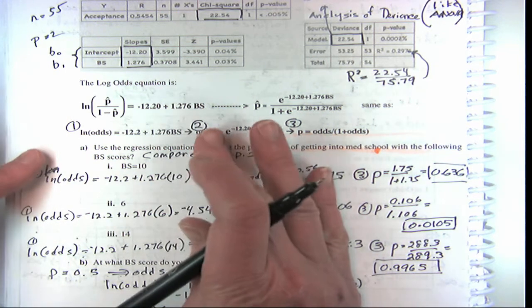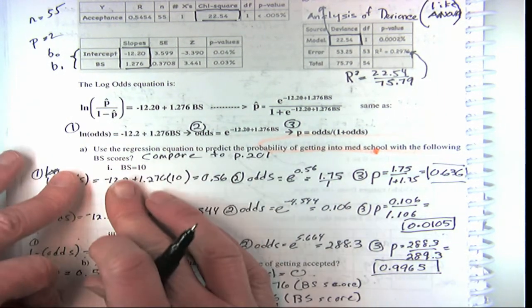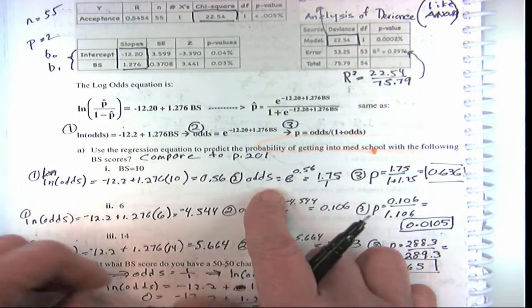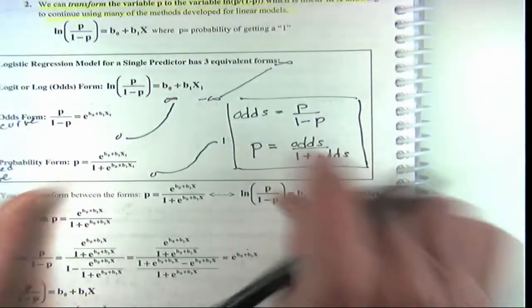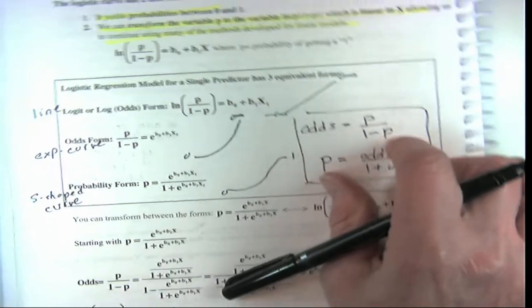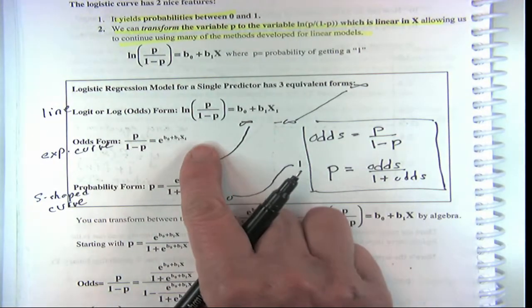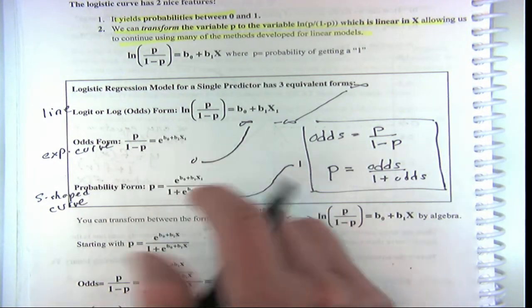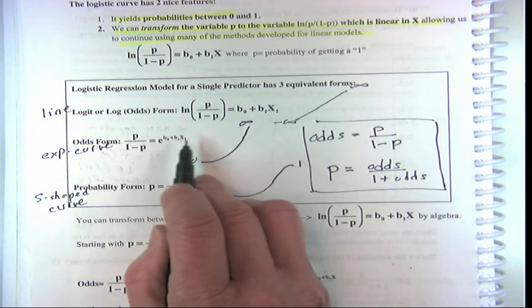So what do we do? We take the log odds and change it to an odds form. This is a nice linear form, so we change it to the odds by exponentiating it, so the linear part is now in the exponent.